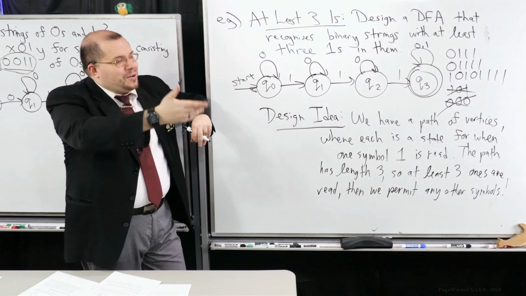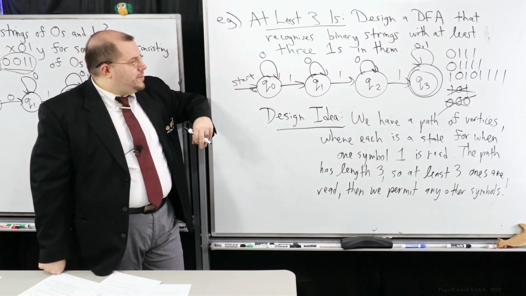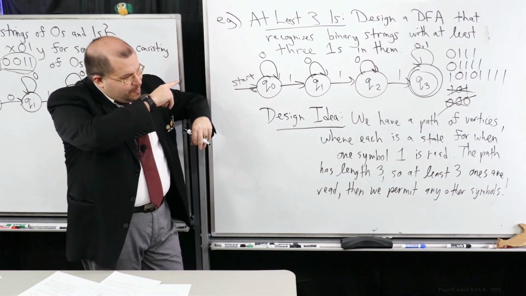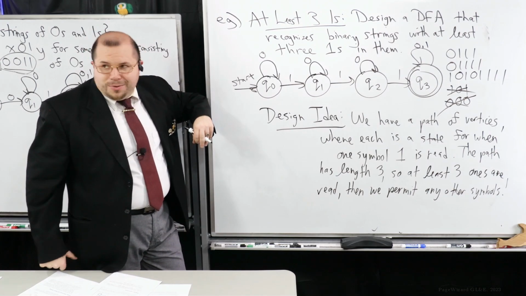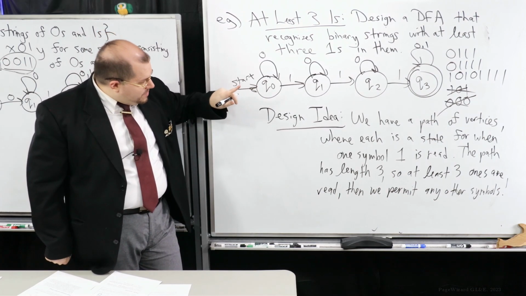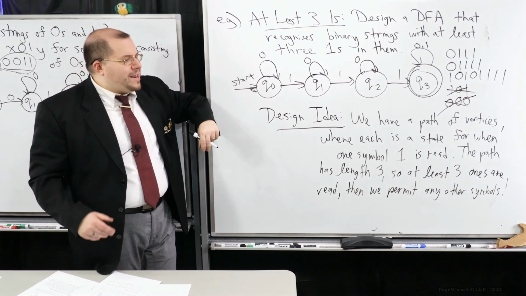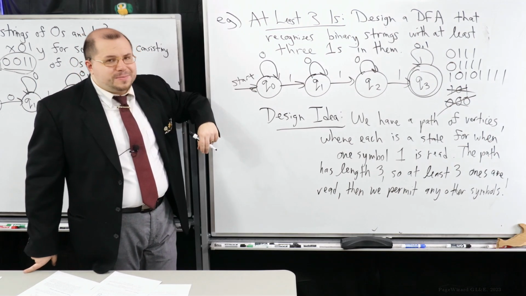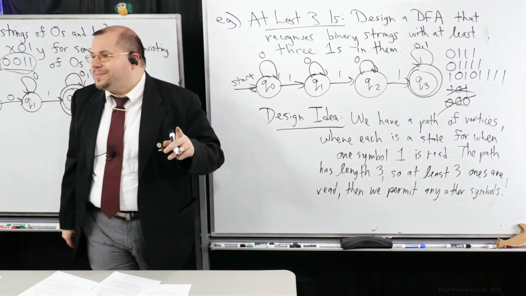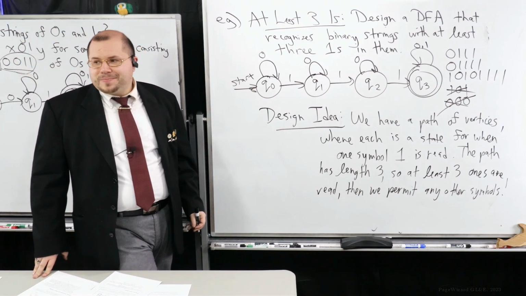Just tell me the big overall concept idea. So remember, all I had here is I have a path of length 3, each one with 1s on them. This guarantees I'm going to have to read at least 3 1s to get over to Q3. So what would I do if I wanted to get at least 4 1s this time, instead of just 3?